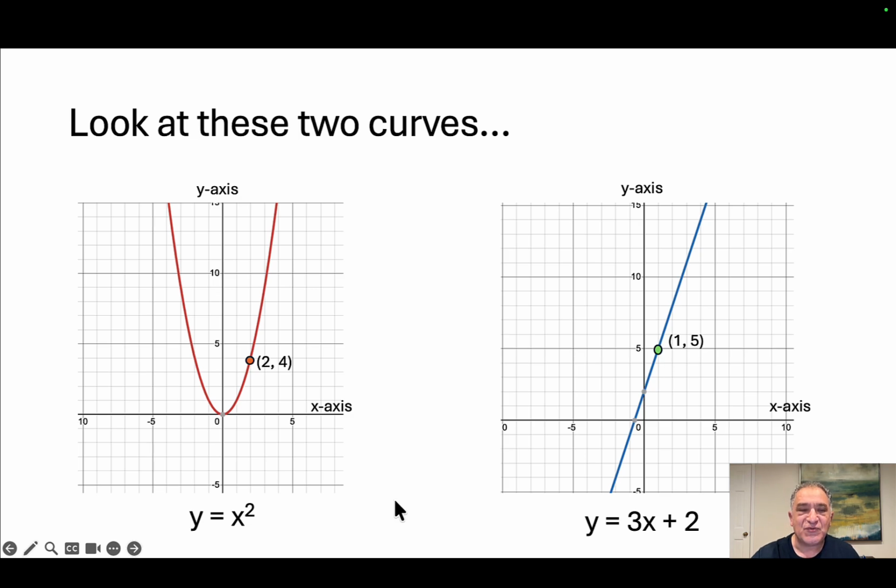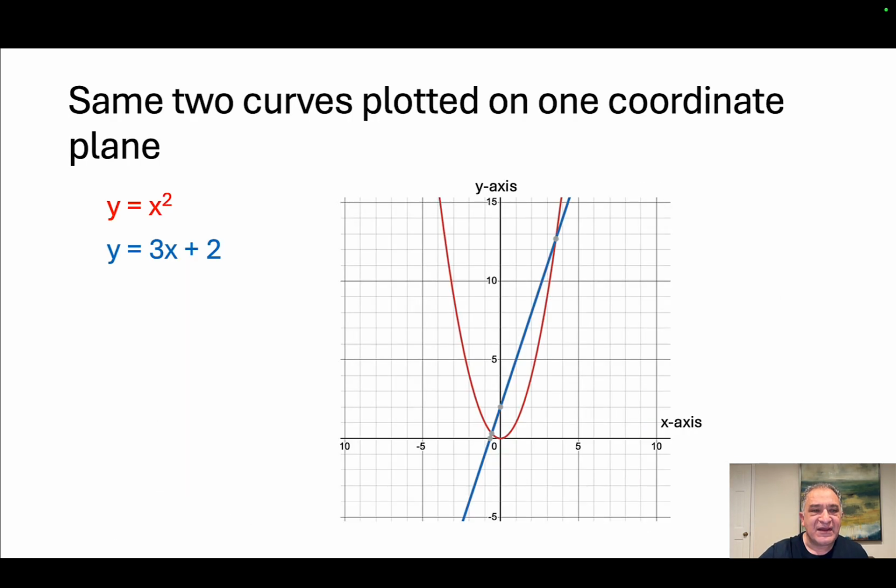I just do that to show that we understand how the coordinate plane works. Now here are the same two curves plotted on one coordinate plane. You can see that y equals x squared is the red curve and y equals 3x plus 2 is the blue curve, but everything else is the same. You have the x-axis, the y-axis, and the coordinate plane. Your 2 points are still there.